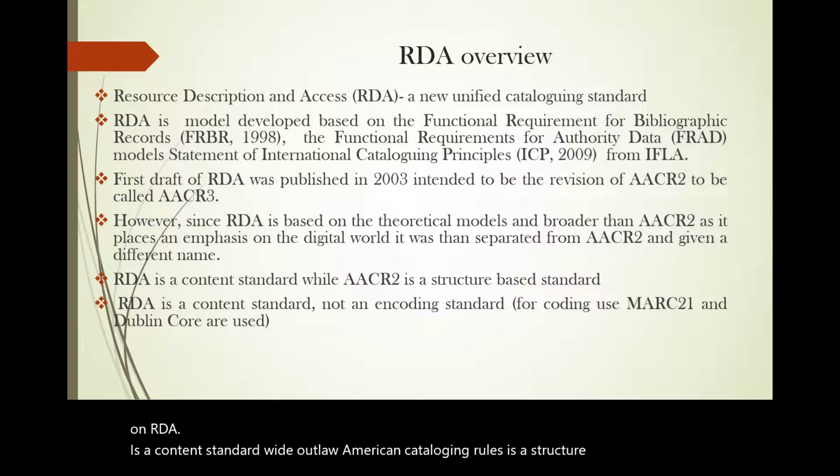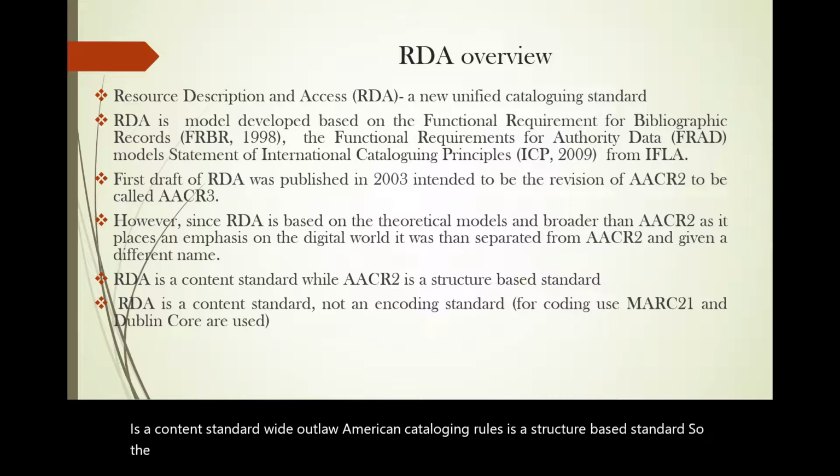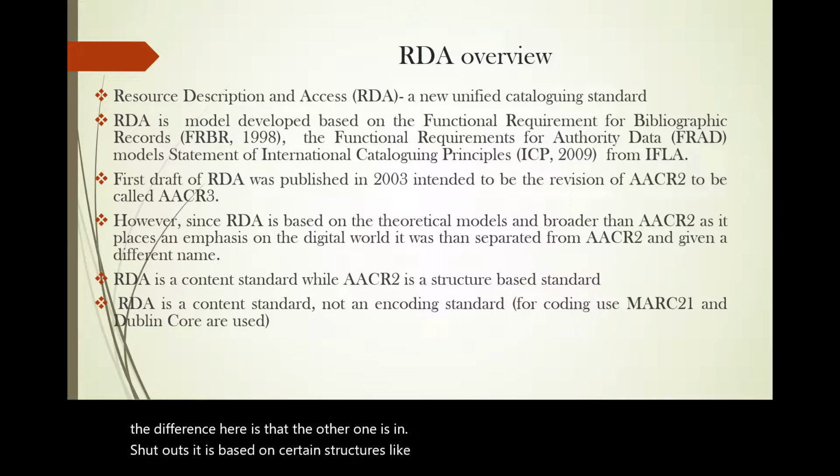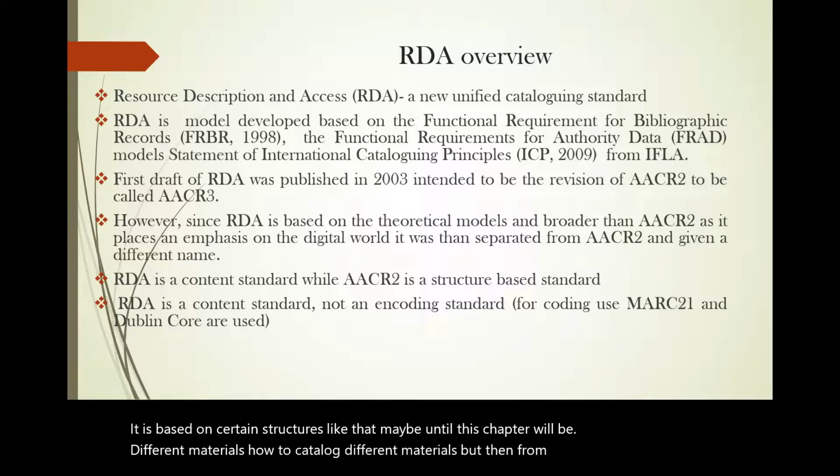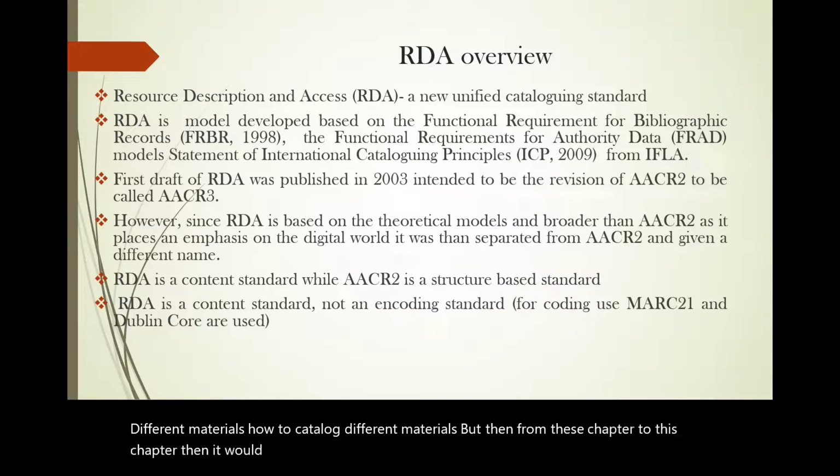So the difference here is that the other one is in chapters. It is based on certain structures, like until this chapter will be different materials and how to catalog different materials, but from this chapter to this chapter, it will be about authority control, providing access and so on. And RDA is a content standard.